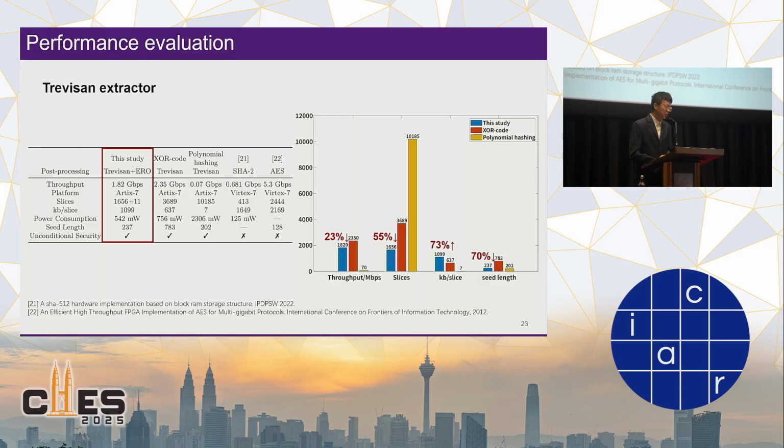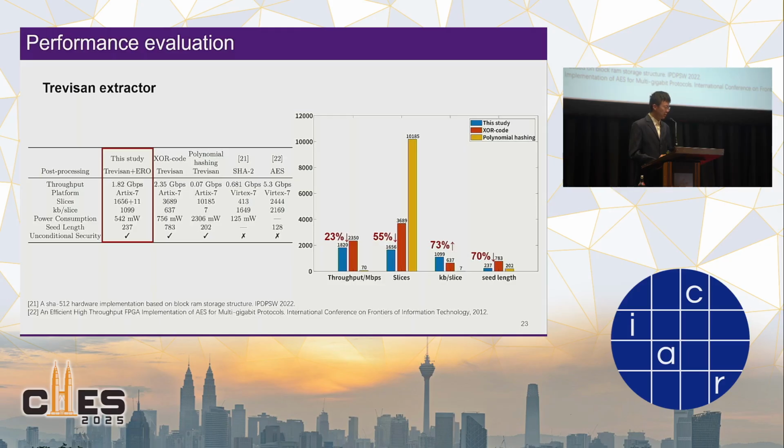The Trevisan extractor gives a throughput of 1.82 gigabits per second. Among the three single bit extractors, our design delivers a 73% increase in throughput to area ratio over the XOR code and a 70% decrease in seed length.